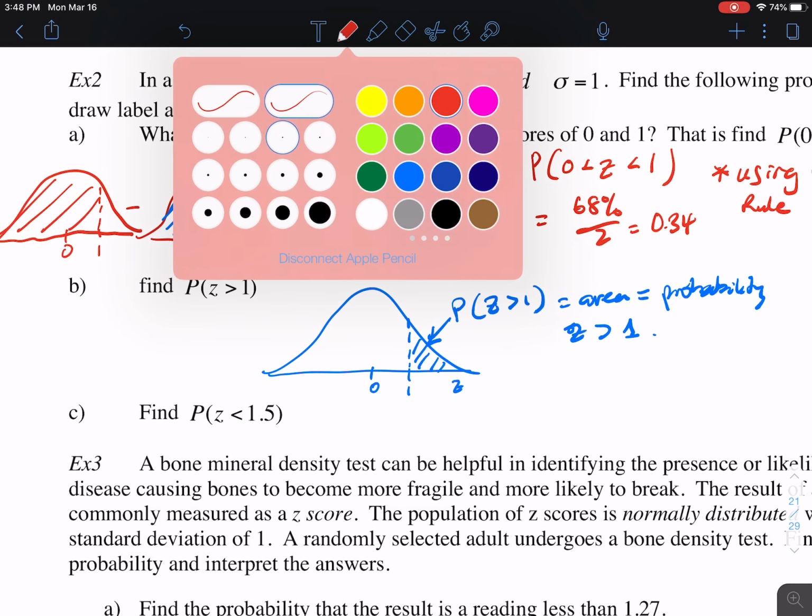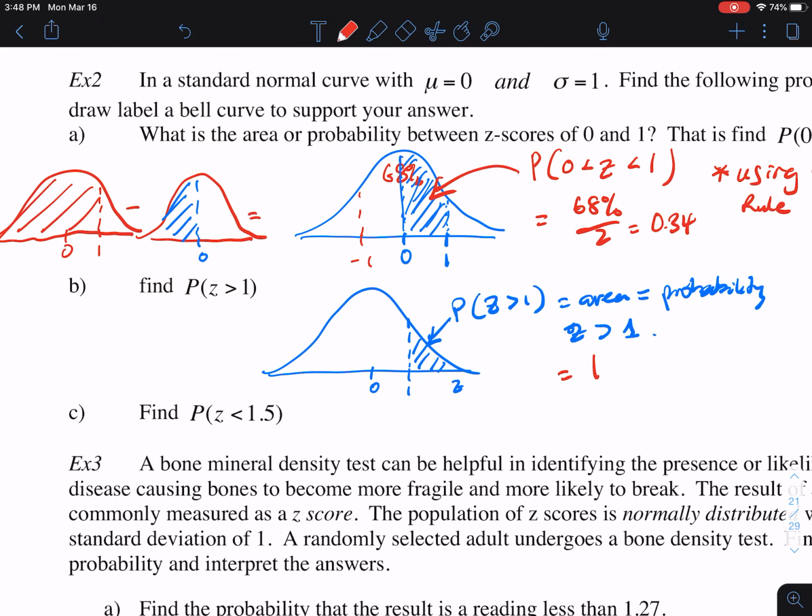All right. What we can do is use the complement rule. It's 1 minus the probability of z less than 1. Well, the probability of z less than 1, or an event that is less than 1 standard deviation from the mean, is, let's see here, we know this is 50% and this is 34%, so that is 84%.